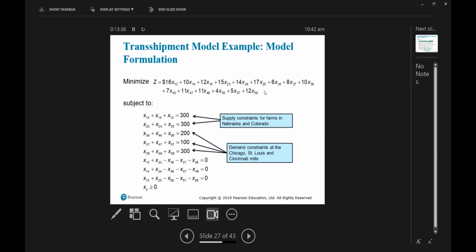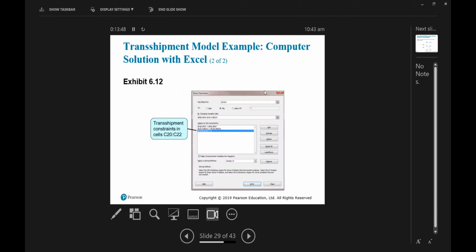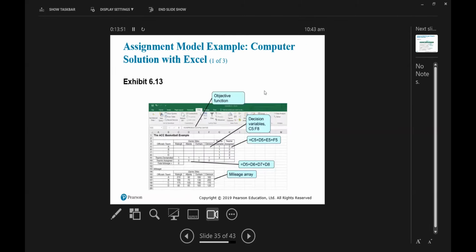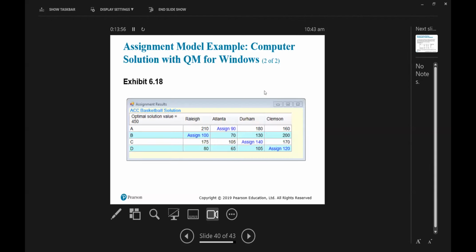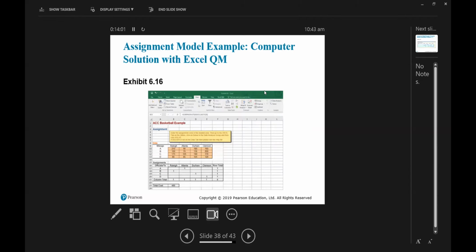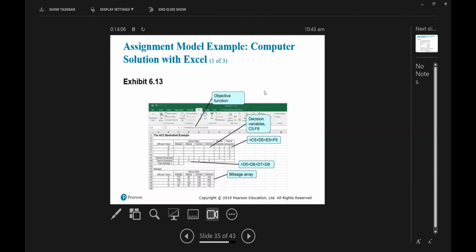Then we add the non-negativity constraint, that we are shipping positive goods. In that case, we can solve it using Exhibit 6.13.